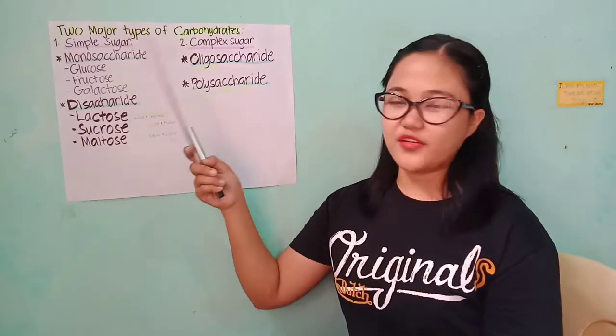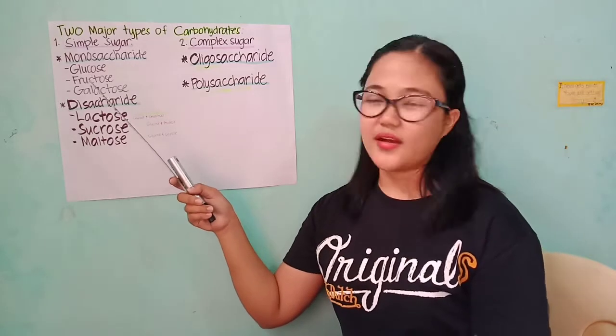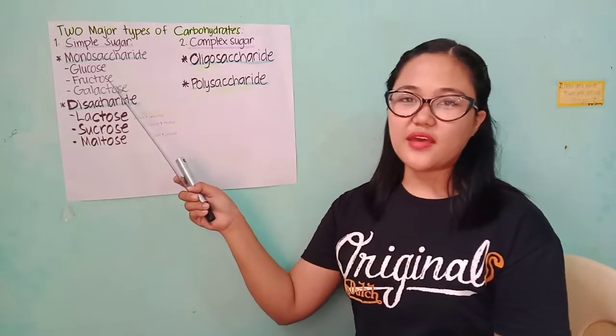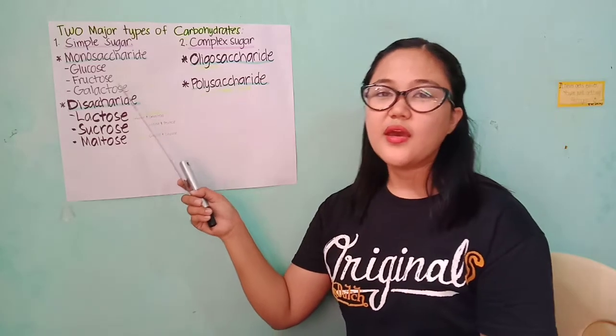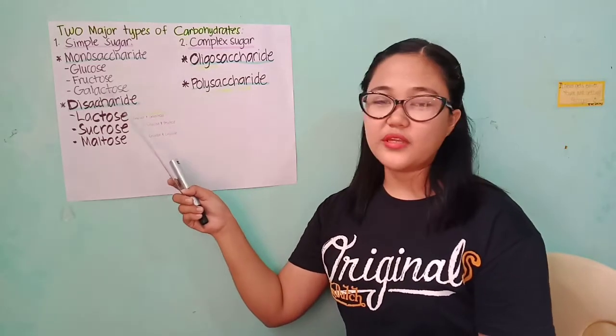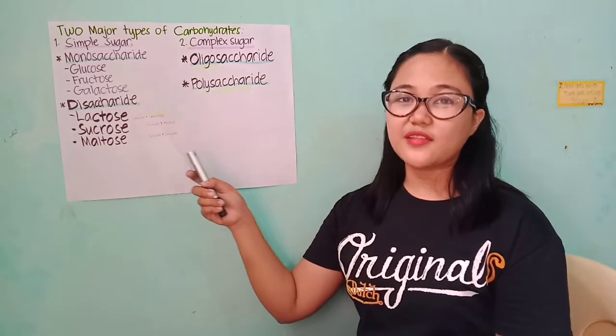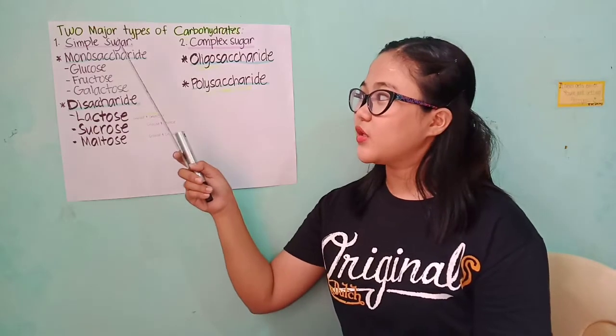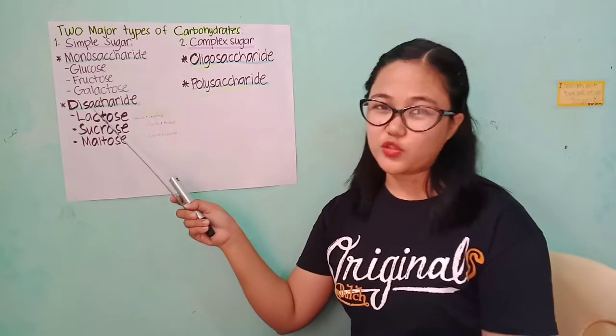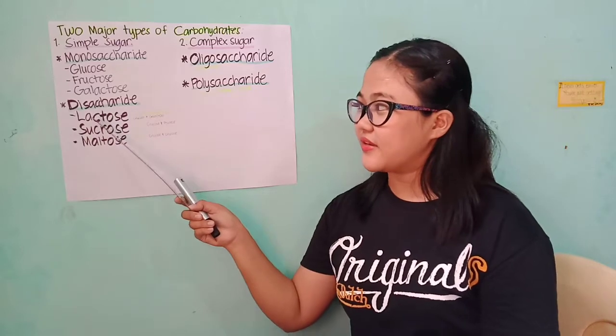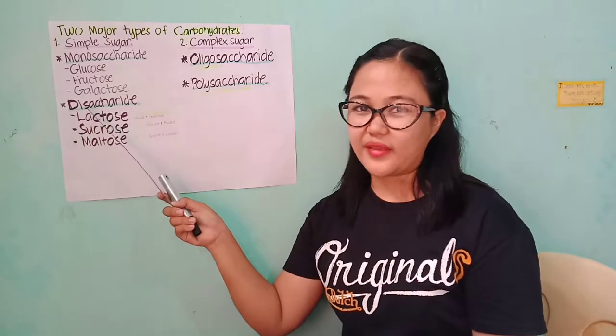The third one under monosaccharide is galactose. Galactose is a milk sugar. It is commonly found in nature when it is linked to glucose to form lactose. Lactose is a type of disaccharide.